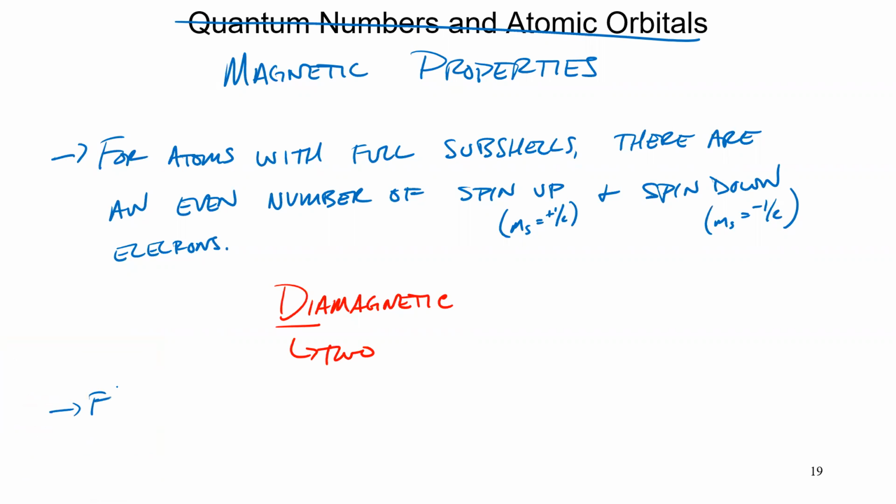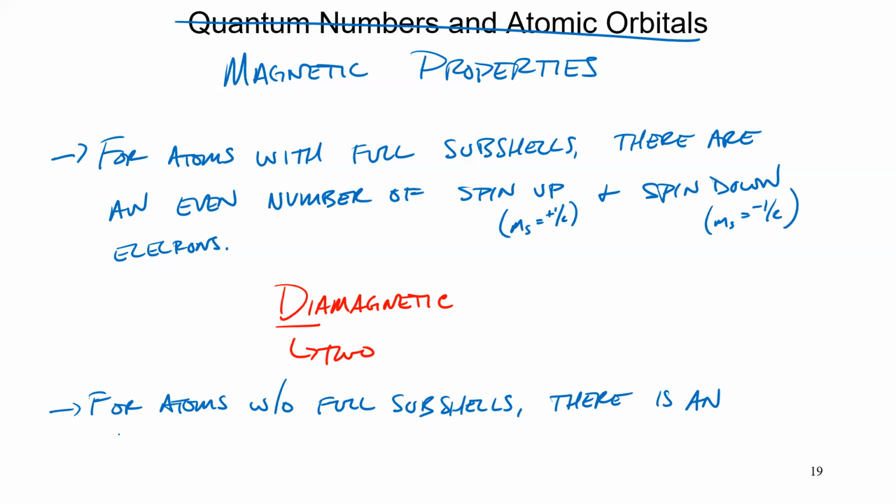And so if we have atoms without full subshells, there's an imbalance in the number of spins overall.